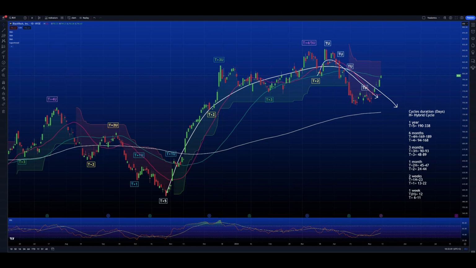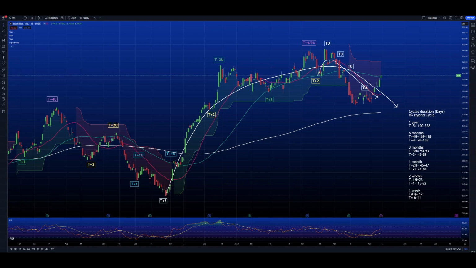At the moment, it's a little bit too early to define whether this is a T plus 3 or a T plus 4. We can now also remove the arrows as the analysis was correct. And now we have to look at what might happen from a statistical perspective from here onwards.